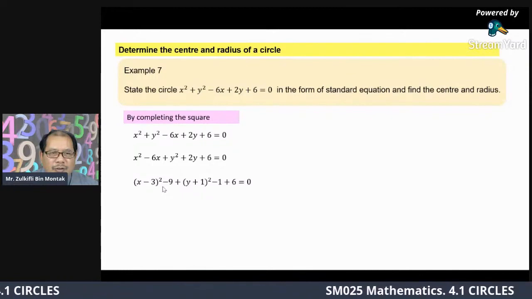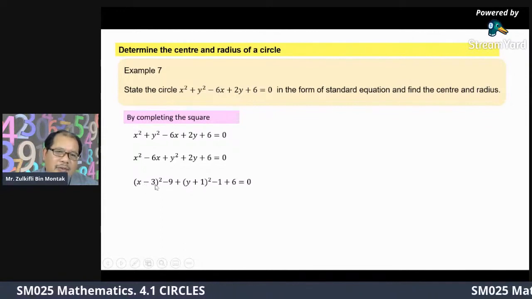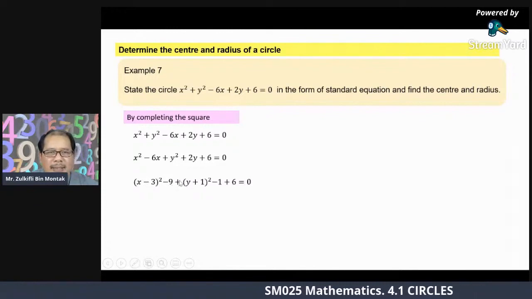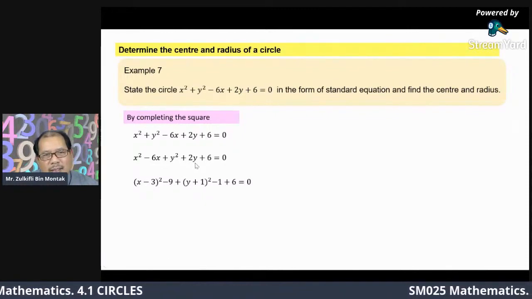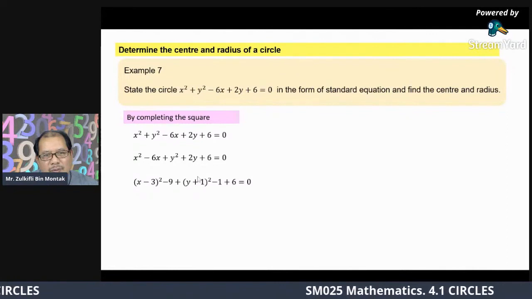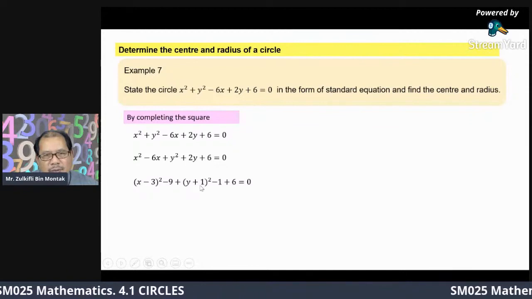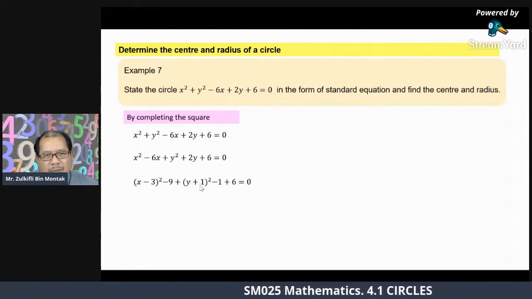Therefore, you should subtract 9 here, because in x minus 3 squared we have a plus 9. Look at y: y squared plus 2y. The coefficient for y divided by 2 is 1, so y plus 1 squared. When you expand y plus 1 squared, you have y squared plus 2y plus 1.